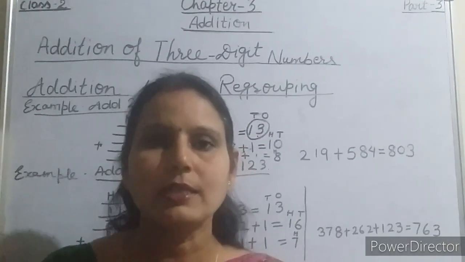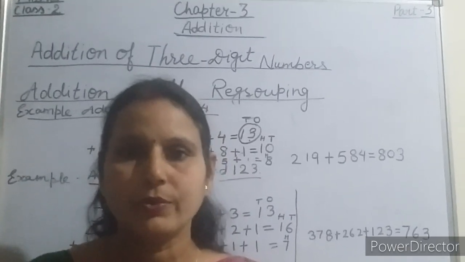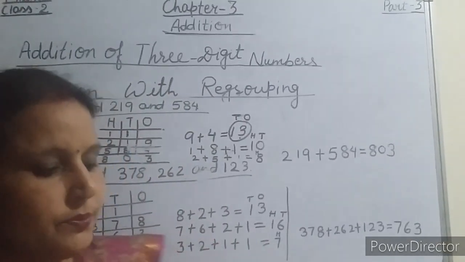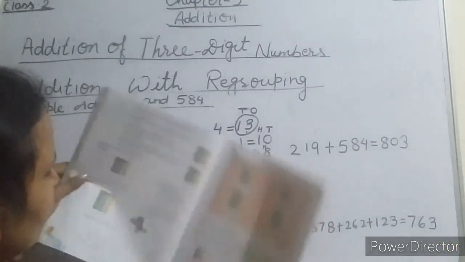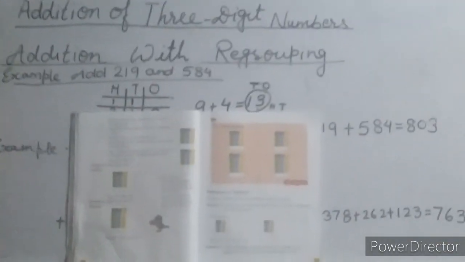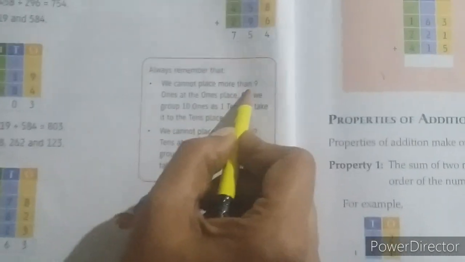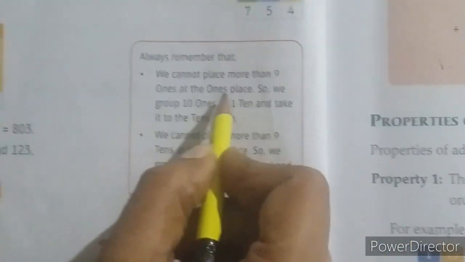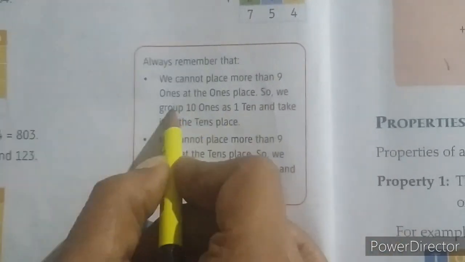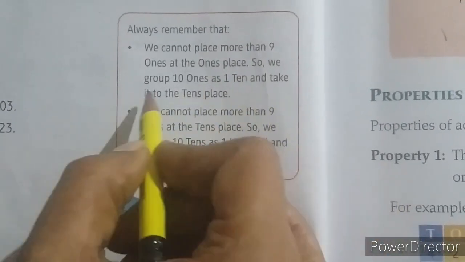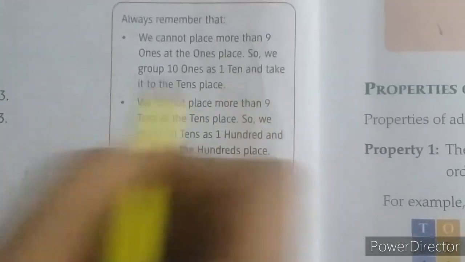No? Then students, I am going to give you 2 points to remember. Okay? See, always remember that we cannot place more than 9 ones at the ones place. So we group 10 ones as 1 ten and take it to the tens place.